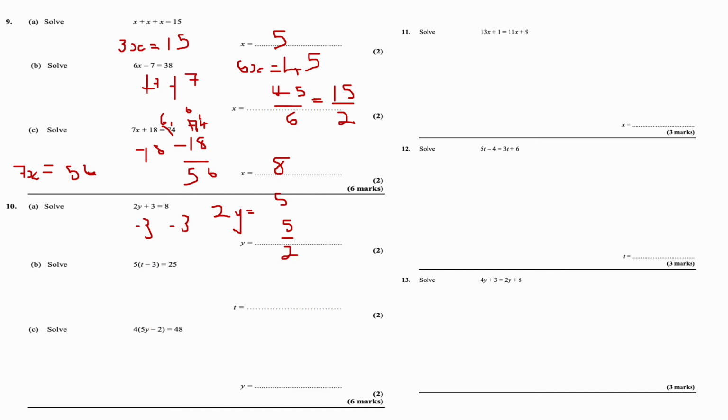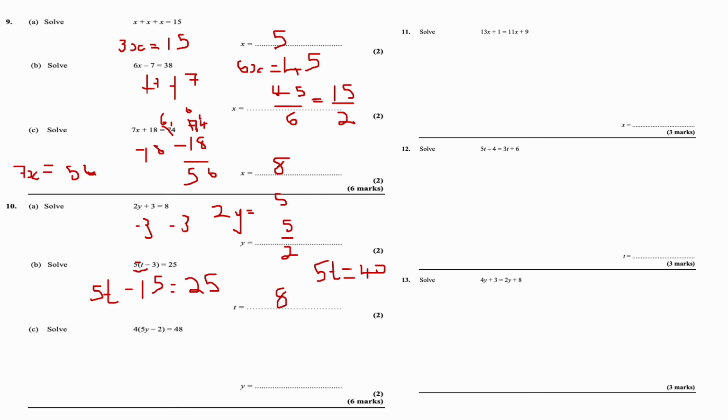It involves brackets, so expanding the brackets and multiplying out the brackets, I get 5t take away 15, 5 times negative 3 is negative 15, is equal to 25. Adding 15 to both sides and then dividing it by 5. So adding 15 to both sides, I get 5t is equal to 40. Dividing both sides by 5, I get that t is equal to 8.